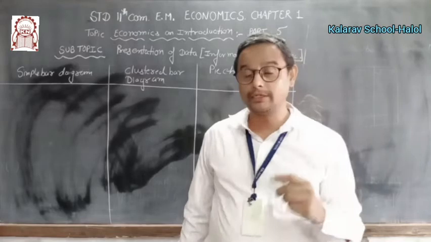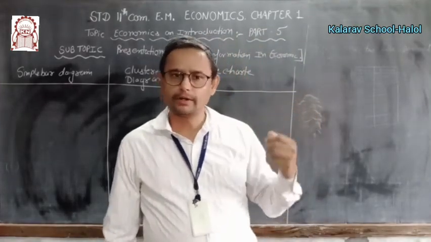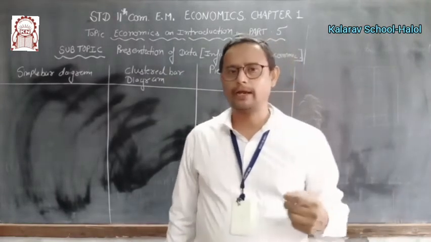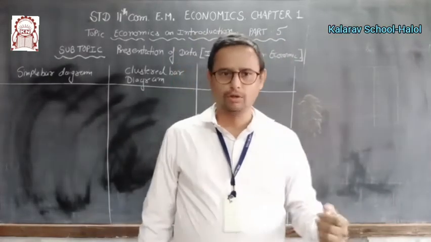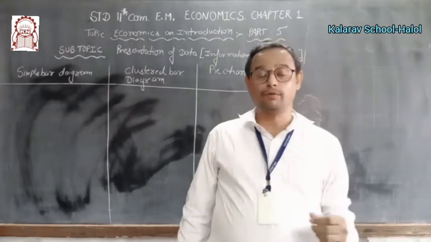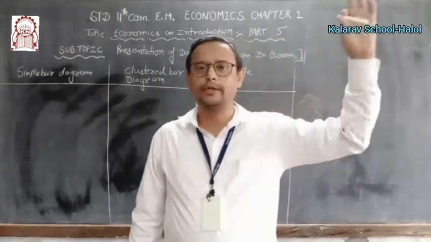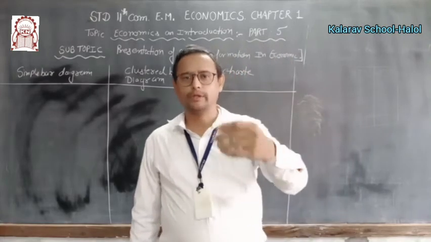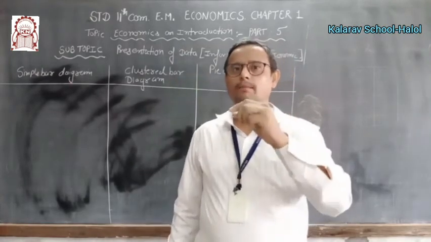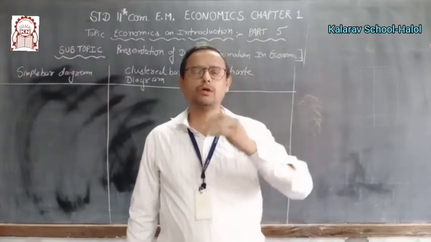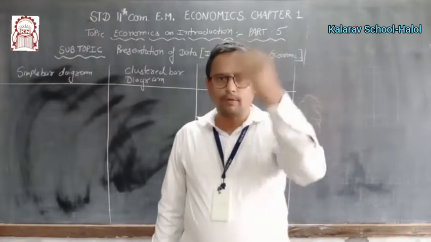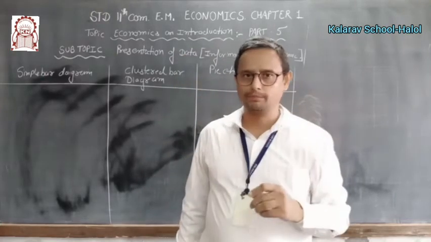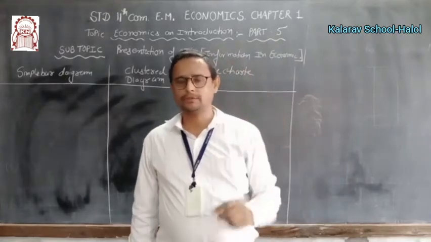Why is diagram essential? The reason is that even an illiterate person can observe and understand it. Okay, an educated person will understand everything, but it is useful to an illiterate person also. So due to that reason, it is said that one picture is many times better than thousands of words, one art, one craft. Okay, so instead of using thousands of words, if you draw one picture, it will be useful. It will fulfill the need of thousands of words. And due to that reason, in economics the importance of graph is there.